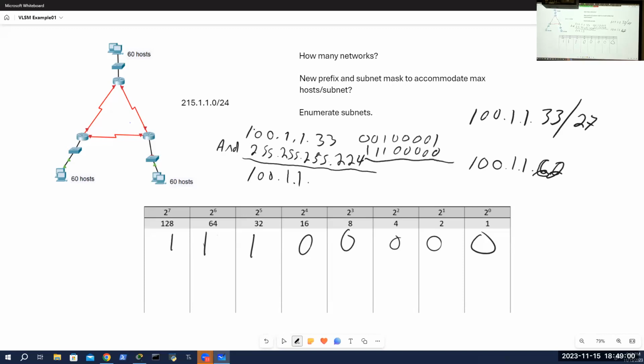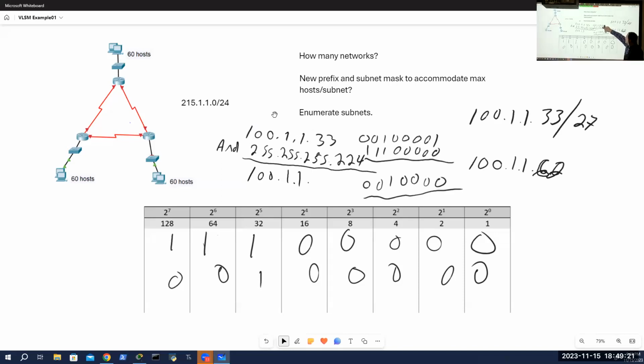If you binary AND those, you end up with 0 0 1 0 0 0 0 0, which if you plug that into this table, you get 32, okay? So that's how the computer knows what network it's in. It does the binary AND with the IP address and the subnet mask, and what falls out is the network ID.